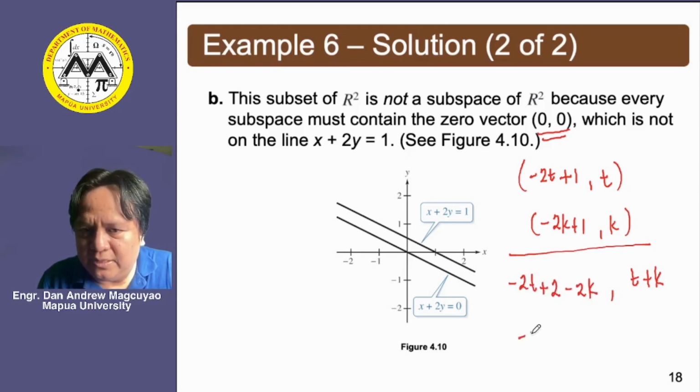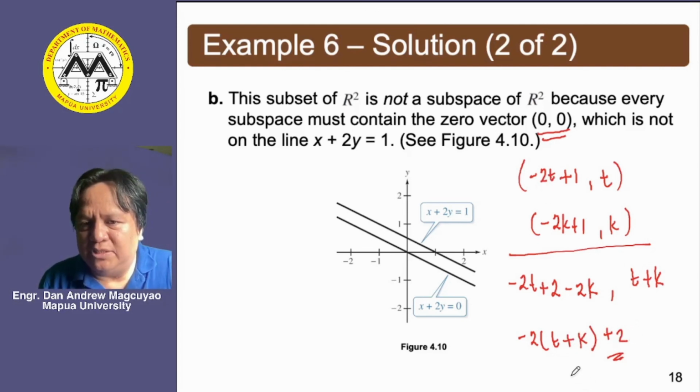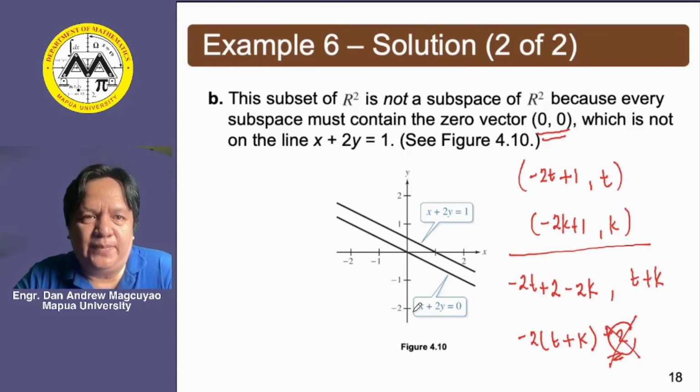So observe that this is negative 2 times t plus k, plus 2. So it is not of the form negative 2 times t plus k, plus 1. Therefore, this is not the same, so it is not a subspace.